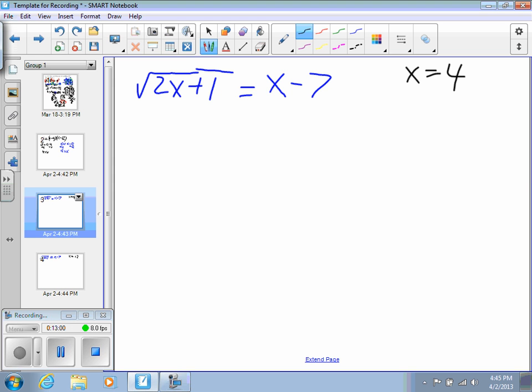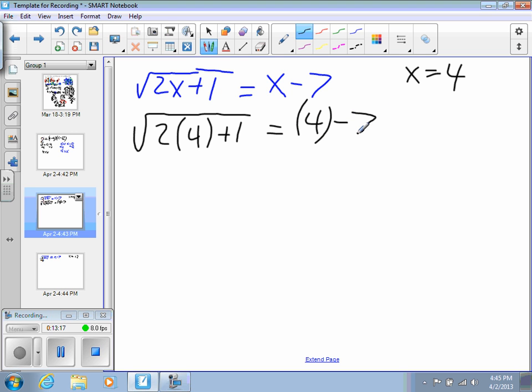Let's check 4. So the square root of 2 times 4 plus 1 equals 4 minus 7. Okay. So 2x plus 4 gives me 8. And then I've still got my plus 1. We'll take the square root of that. And then over here, 4 minus 7 gives me negative 3.